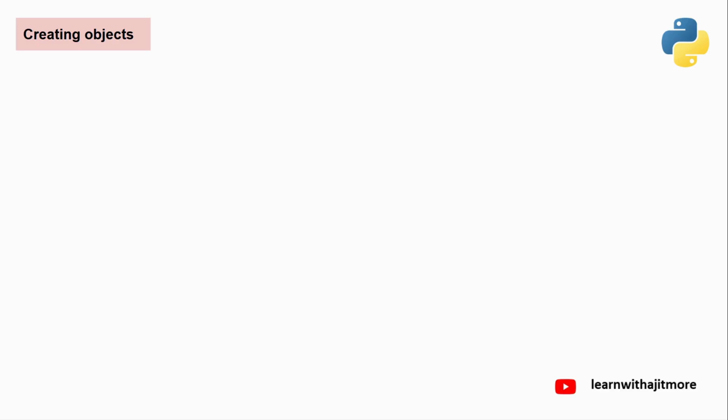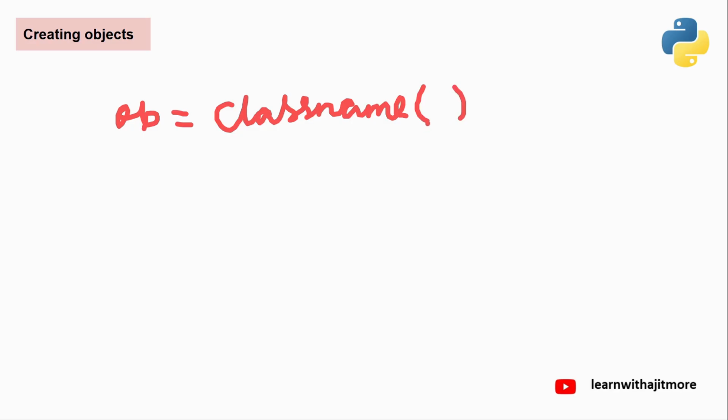Now, how to create an object? Just now I told you. On the left side, the object reference variable. Remember that the reference variable is the object. So on the left side, you will have an object variable, the reference variable, and on the right side, you give the class name and just round brackets, nothing else. Later, we are going to see that you can pass parameters.